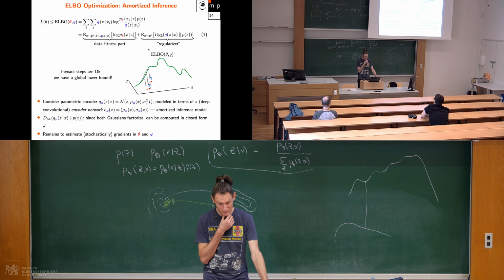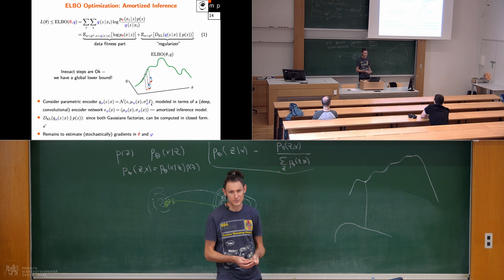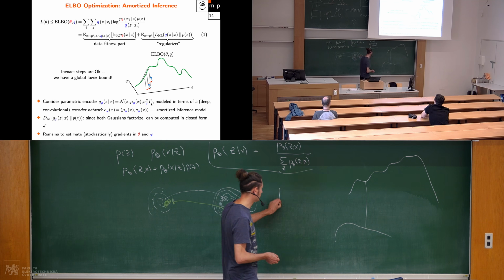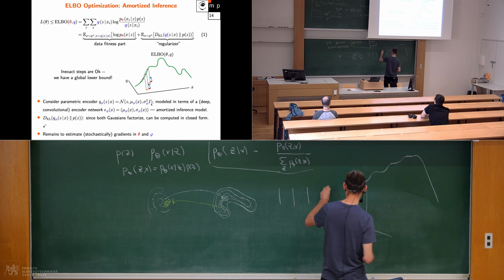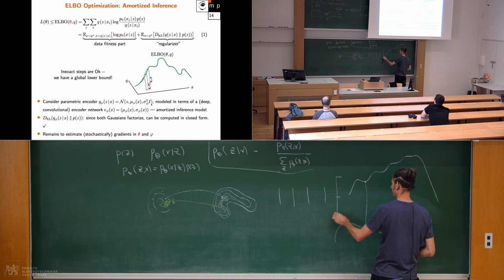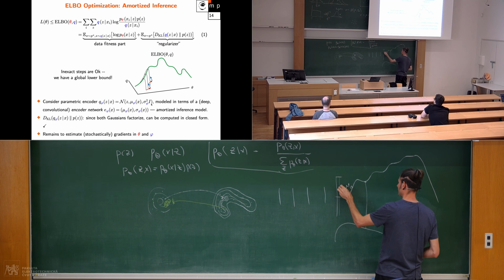To do this in practice, we need to model this encoder somehow. In the Gaussian VAEs, the design is that the encoder will also be a Gaussian with the mean and variances learned by some neural network. So we will have a neural network with several layers, and in the last layer, this part of the output will be considered the mean parameters.